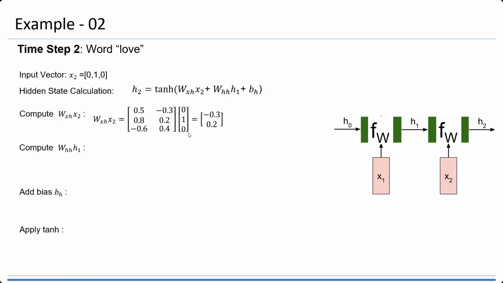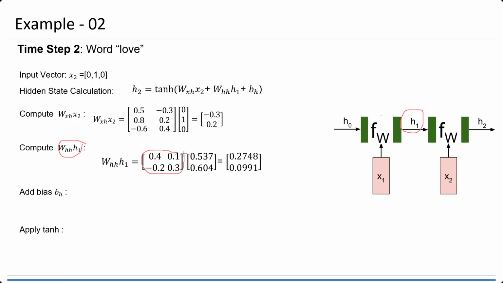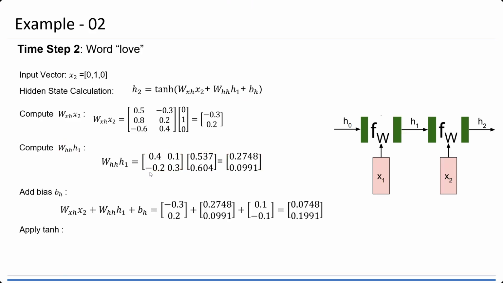And after we got this one, we again multiply with the h1, with the status of h1. So this is the wh from the original, and we multiply with the h1. So we got this value. And then we do for the overall function. So we do the overall function.